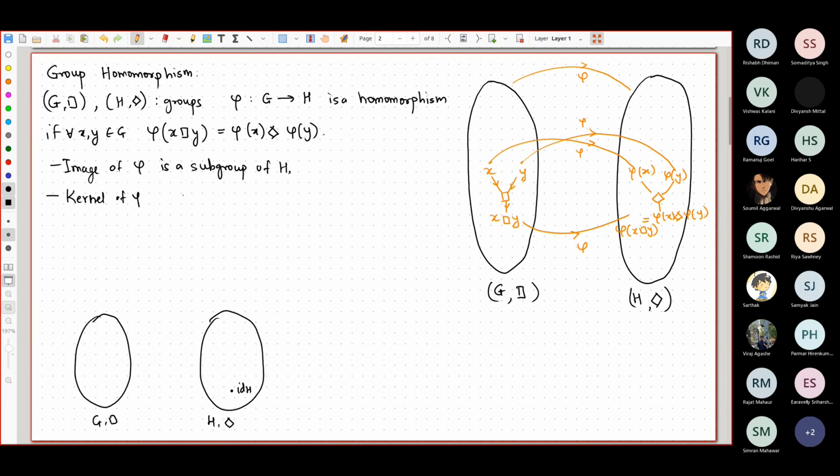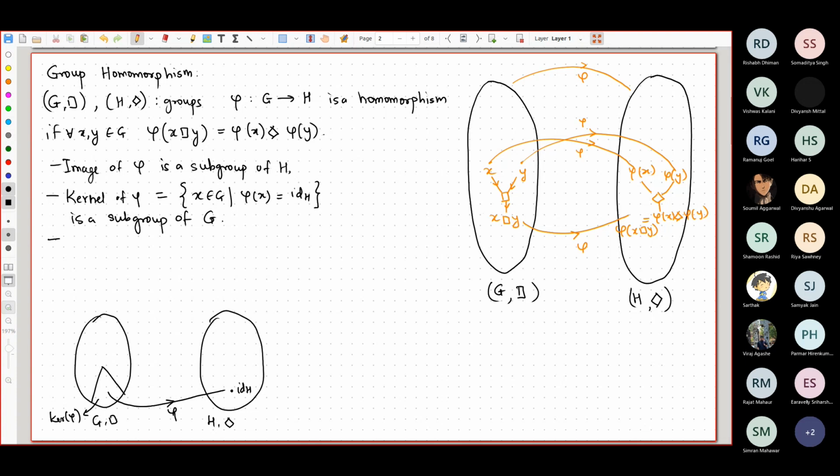The kernel of this phi is the set of all x in G such that phi of x is the identity element of H. It is some subset of G. So this guy is the kernel of phi. We saw that this kernel itself is a subgroup of the domain G.